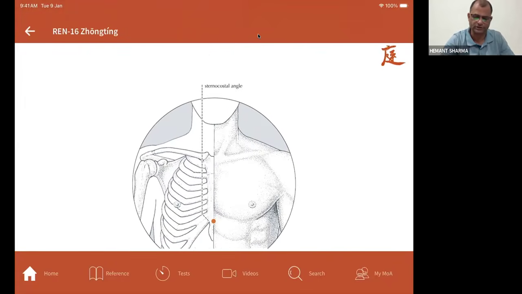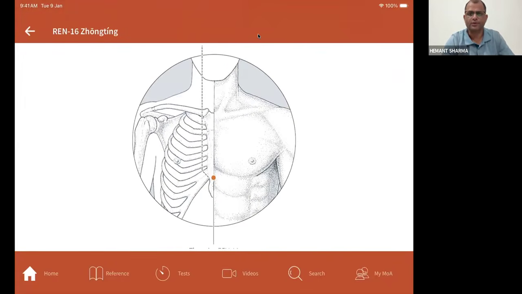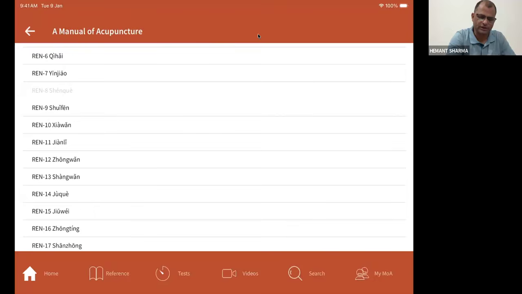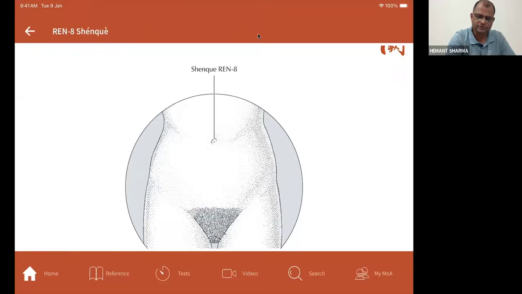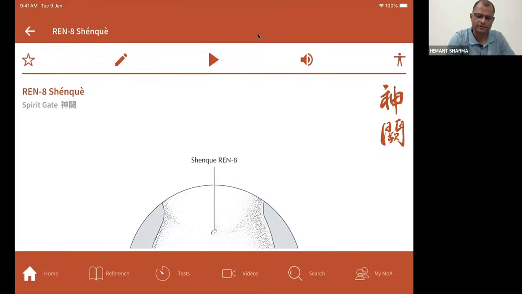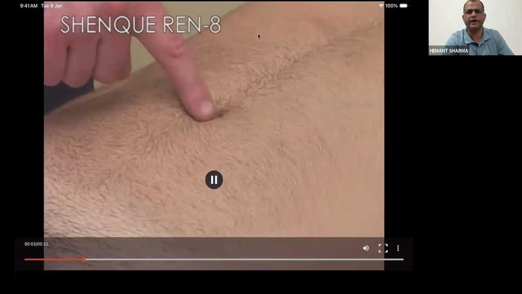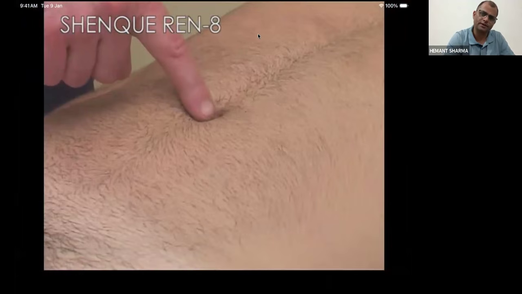Let's see in the image, where we are feeling the lower end of the sternum bone. Now look at the navel area. That is exactly the navel, that is CV8. Got it?